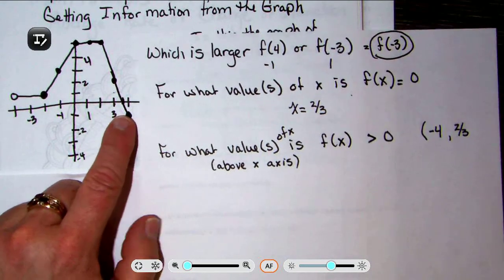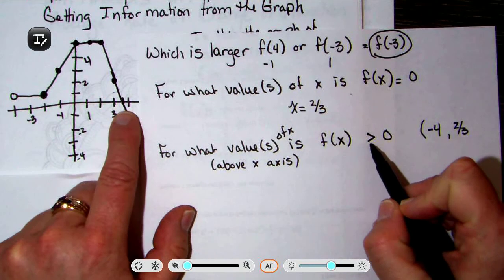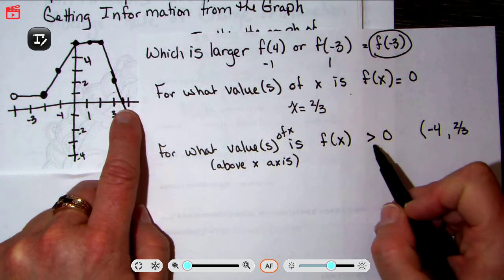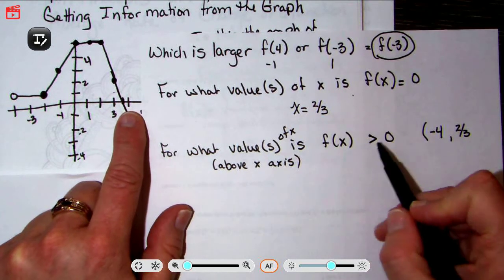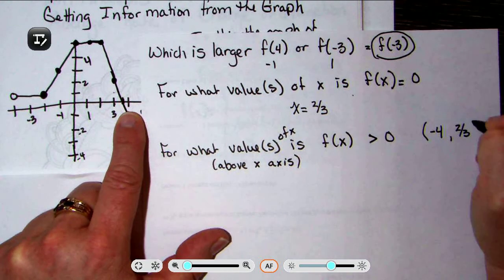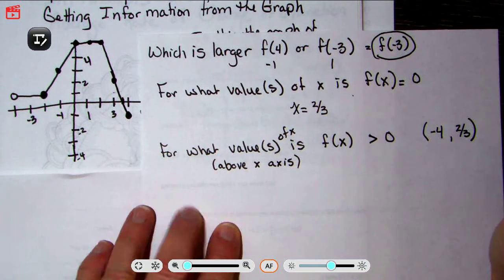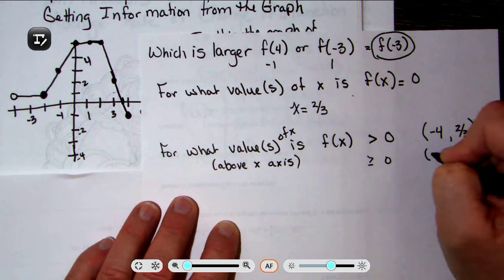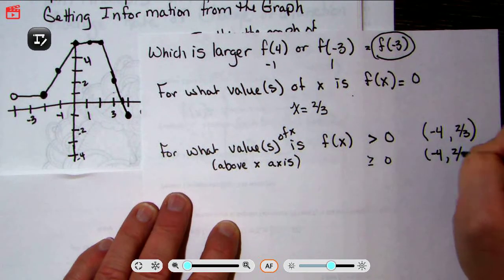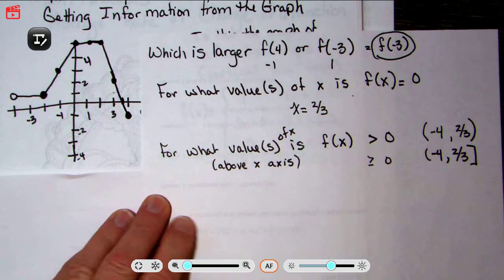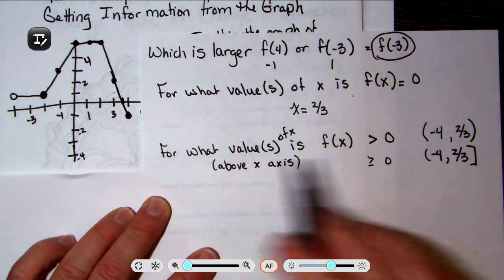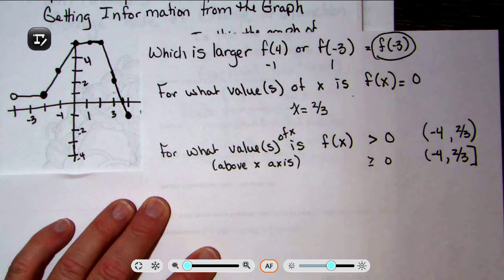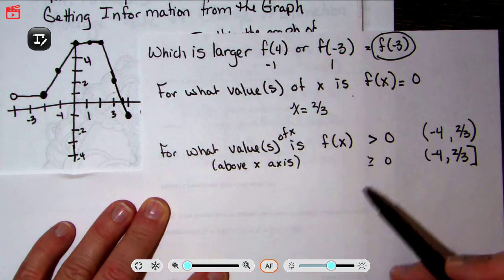And the answer to that will be asked here. Do we include when it is equal to 0 or do we not include it? Since we are not including the 0, we have a round bracket. If I had put greater than or equal to 0, we would have had a square bracket. So it kind of depends. Do we want to know when it is equal to 0 or just greater than 0?